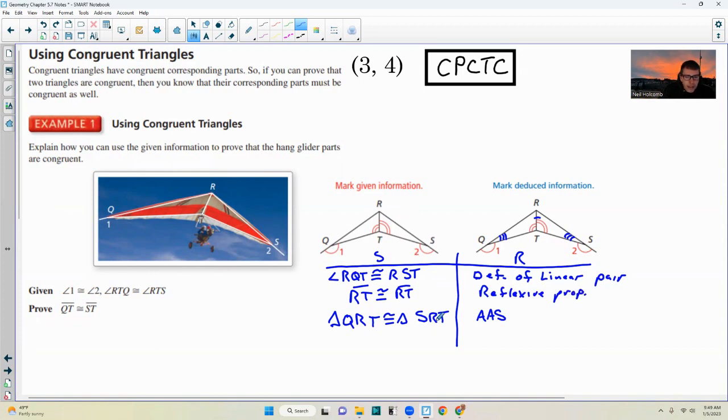And then we can say the triangles are congruent. And then we can finally deduce that QT is congruent to segment ST, because QT is here, ST is here, and that is corresponding parts of congruent triangles are congruent. That's just my little shorthand for that. So those two triangles are congruent by angle, side. The two triangles are congruent, and then every part is congruent. Now you should be able to do problem numbers 3 and 4 in the exercises.